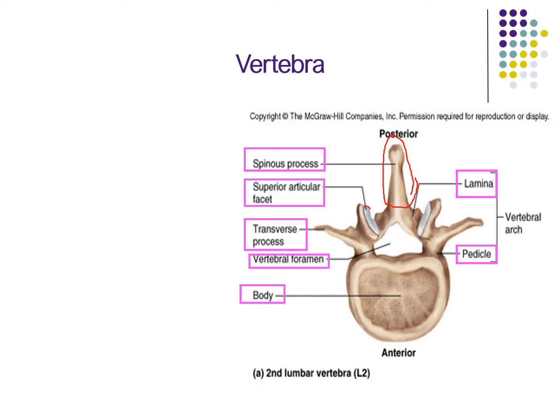We have our superior articular fossa, the lamina, which is the space in between, the pedicle, which is the space in between here, and between the lamina and the pedicle is the vertebral arch, the body, the vertebral foramen, which again is a hole, and your transverse processes.